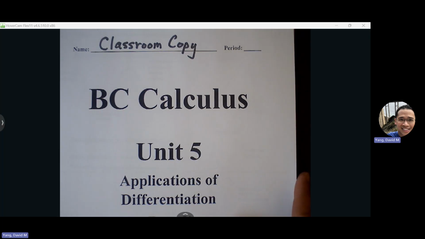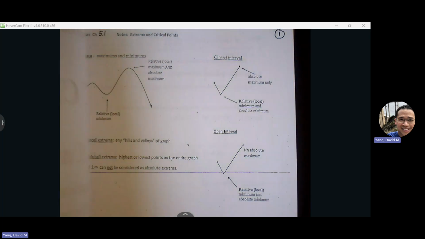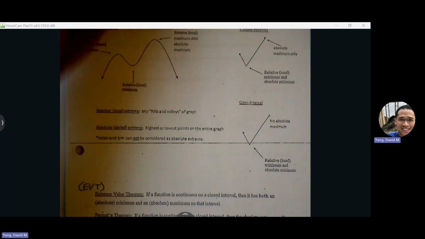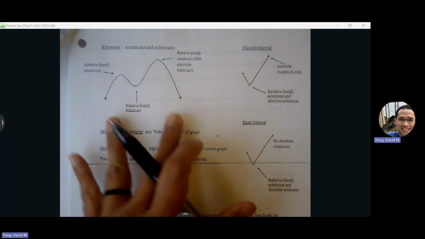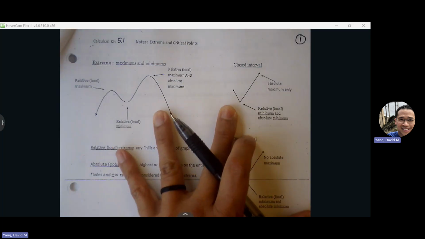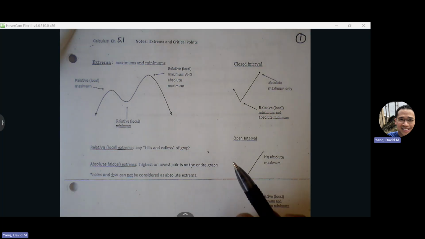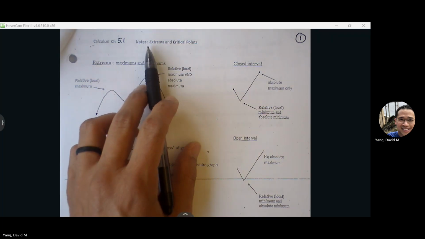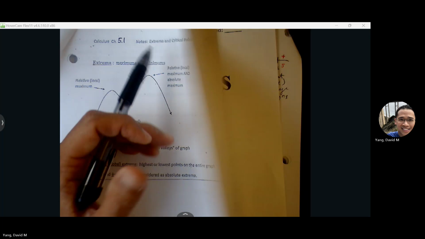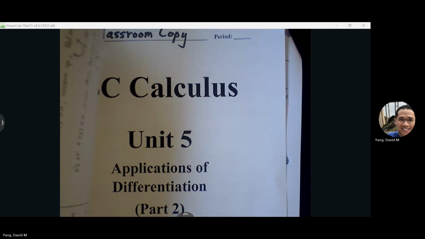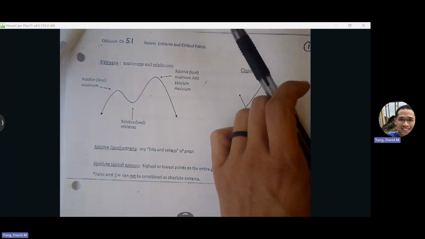Okay, let's go to page 1. Okay, so today we're moving into the units where we're dealing with curve sketching.